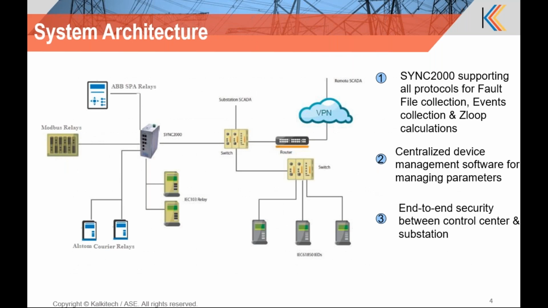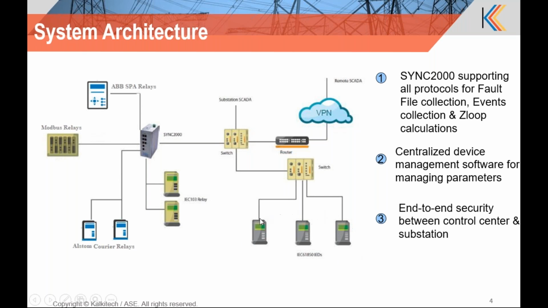This is a very simple system architecture. There are multiple IEDs in an MV network, an MV substation. They can use multiple protocols, like 103 is one of the common protocols, and 61850.